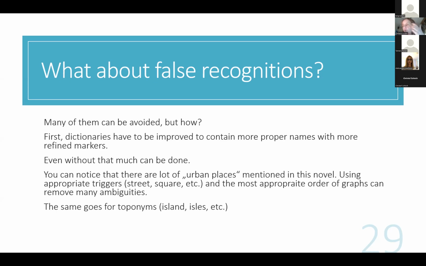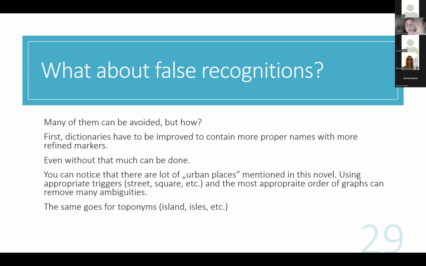So you can use first, for instance, before saying that something is a person, you can say, okay, I recognize I have Baker as a first name. And if it is followed by street, square, etc., then I will not tag it as person.